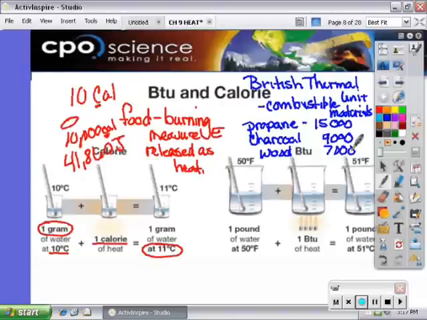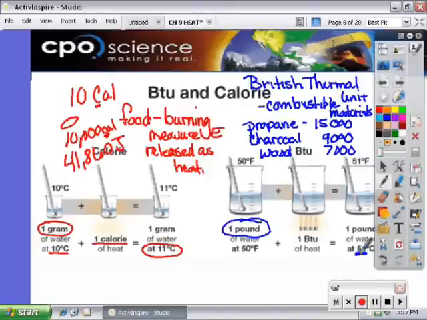And notice that the BTUs is measured similar to the calories, but here they reference 1 pound of water. And it's still at a 1 degree Celsius increase. So it's BTUs of heat. So you're adding the heat to increase the pound of water by 1 degree Celsius versus a calorie.